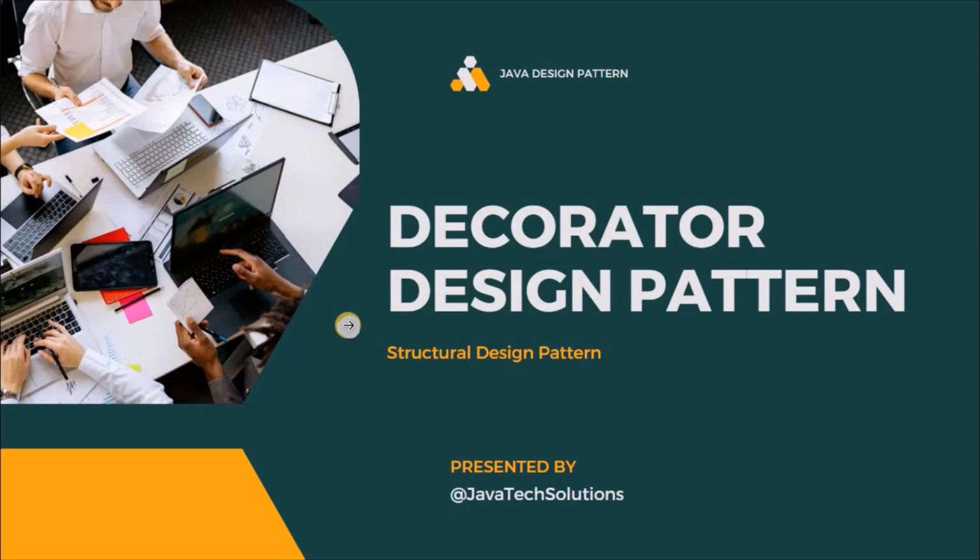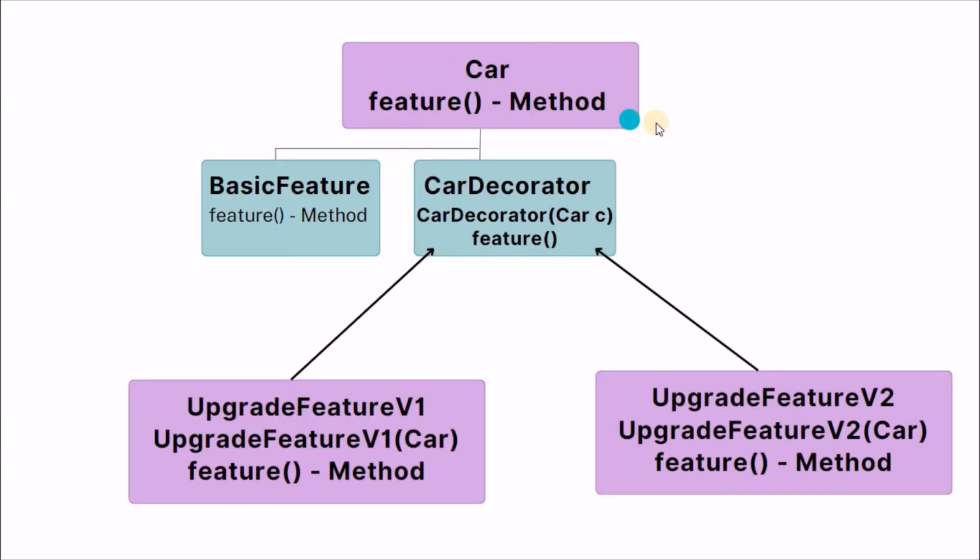To solve this kind of programming problem, we have the decorator pattern. Let's check this diagram to see how it looks. We have the Car interface with the feature method. The basic feature class implements it.